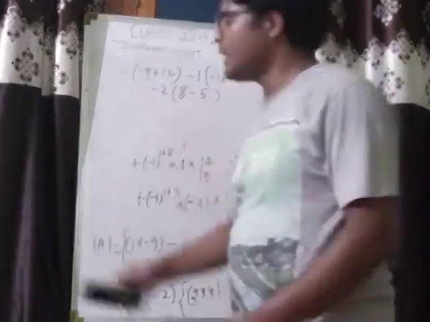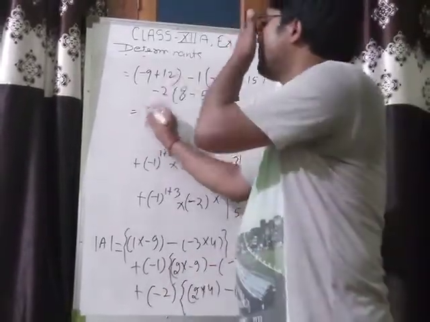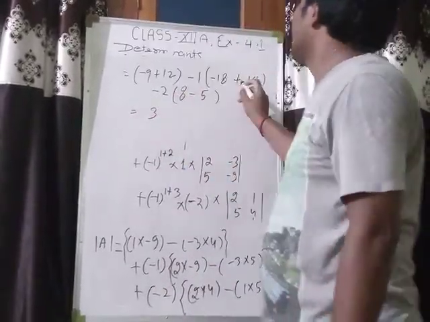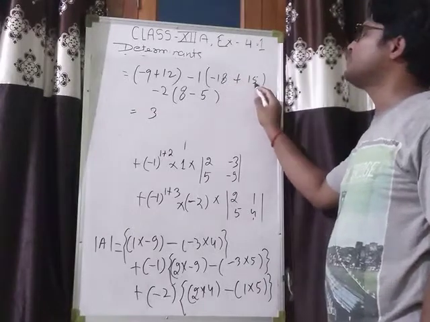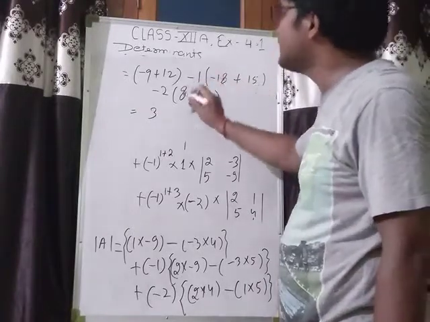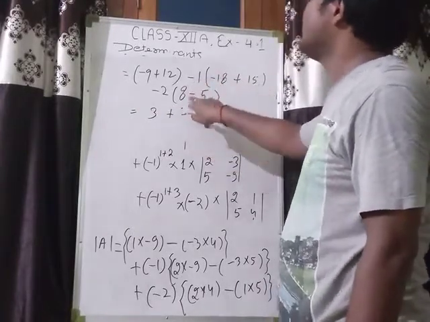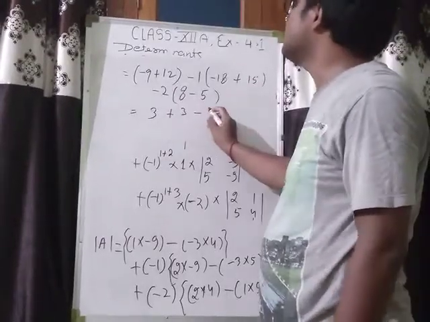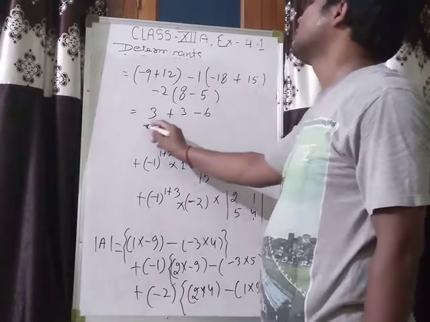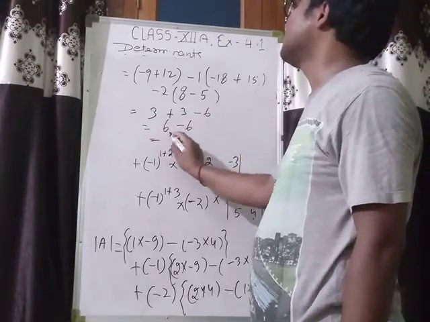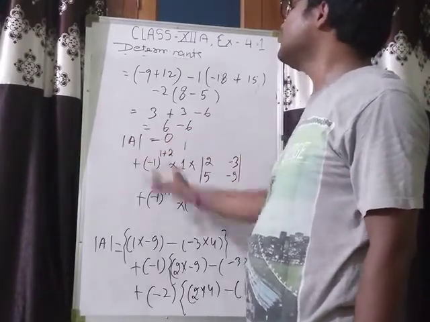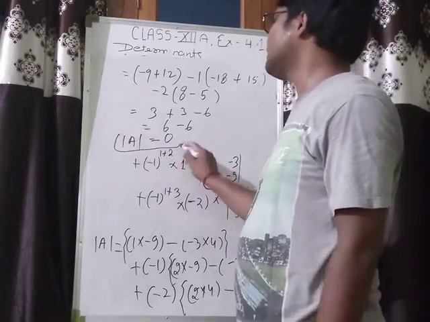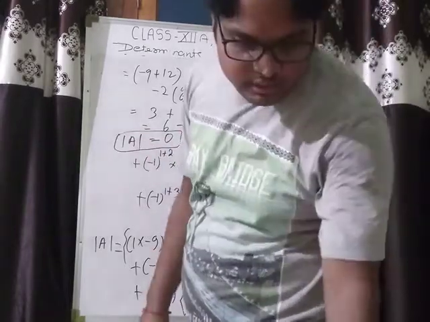So we have plus 12 minus 9, that is 3, and this one is minus 18 plus 15, that is minus 3, into minus 1, that is plus 3, and this one is 8 minus 5, that is 3, and 3 into minus 2, that is minus 6. Clearly this is 6 minus 6, that is equal to 0. So determinant of A is 0. Determinant of this matrix is 0.